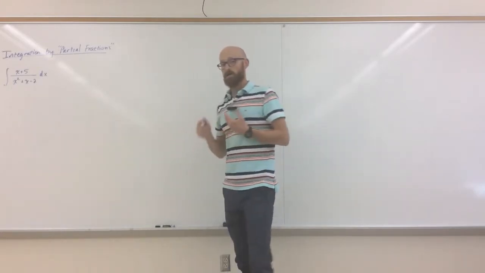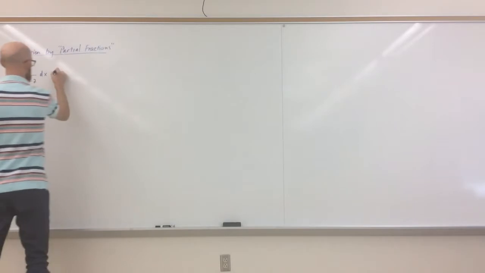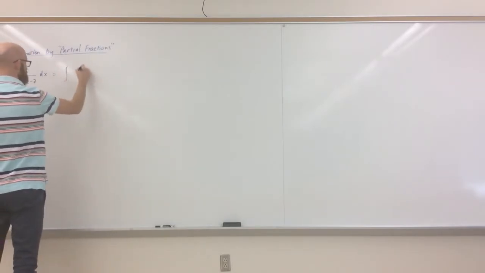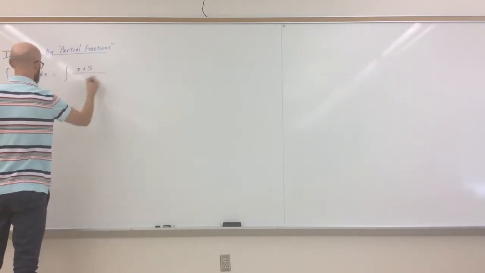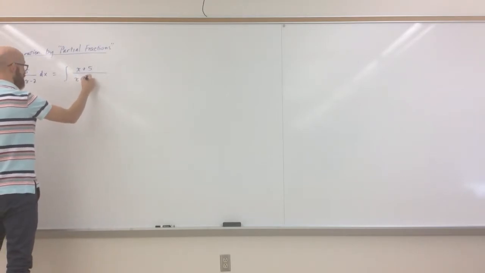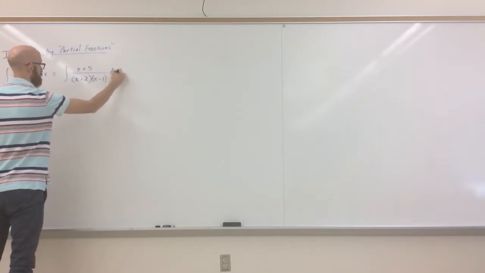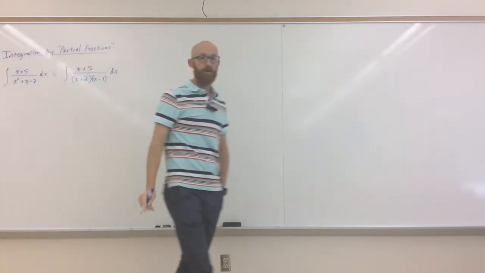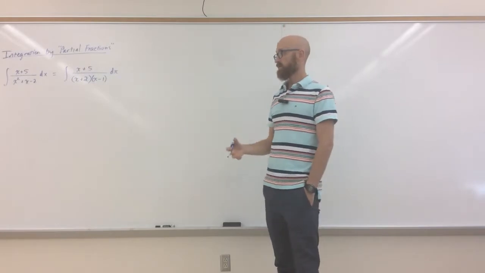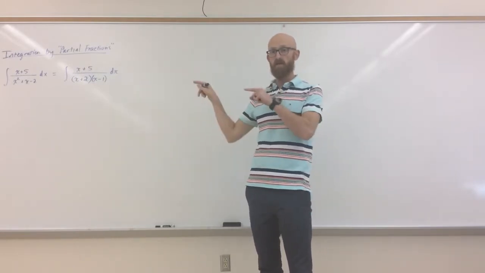So the goal with partial fractions is first to factor the denominator. And here it will be x plus 2 times x minus 1.